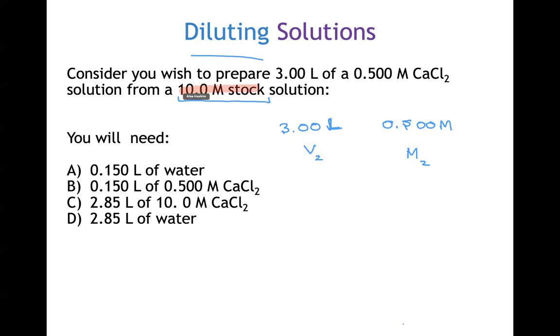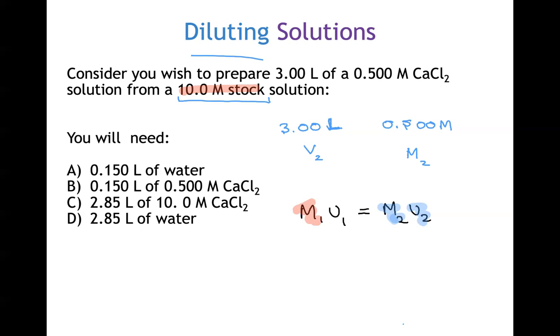So if we think of the equation, M1 V1 equals M2 V2, what variable are we solving for? Yeah, we're solving for the initial volume. What volume of the initial stock solution do we need to prepare 3 liters of a 0.5 molar solution?